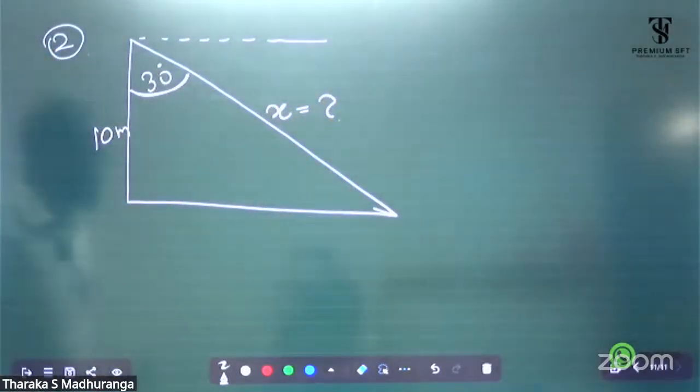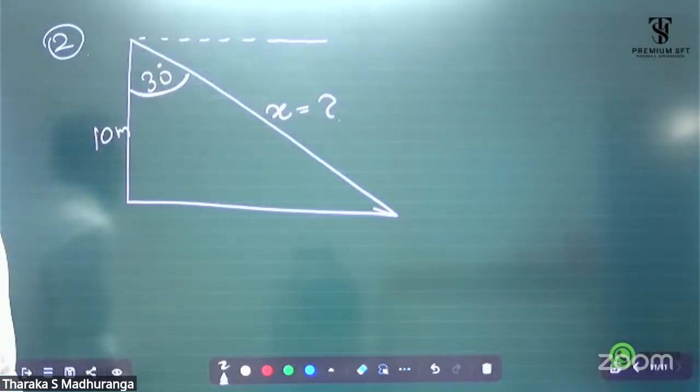What is x? Question number 2. Draw this triangle and get the x value.